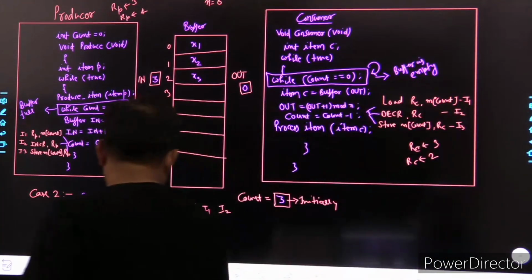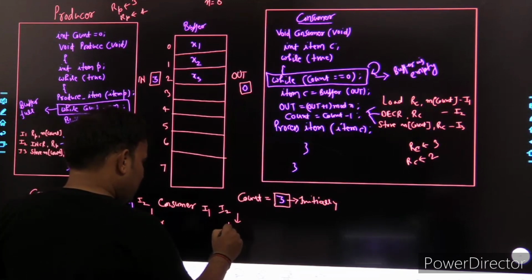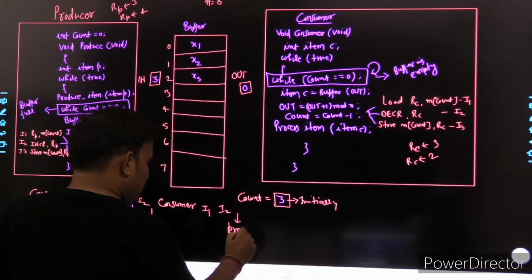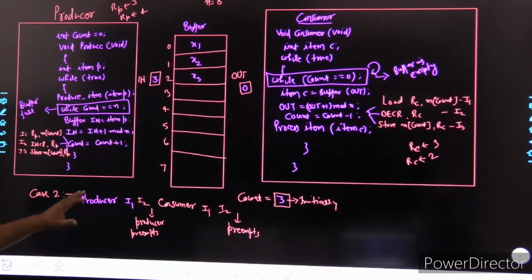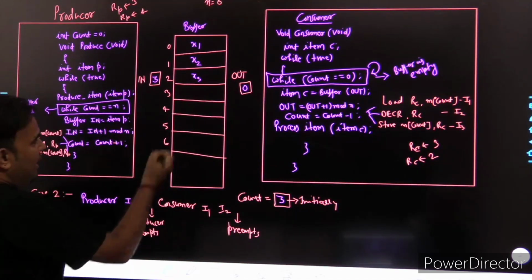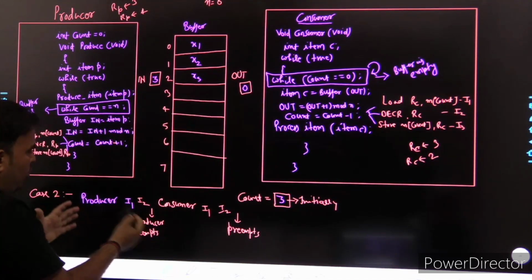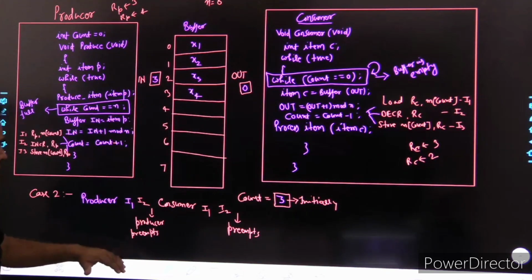Suppose it also pauses here, my dear friends, and suppose the producer wants to produce an item 4. So it will put it here, and it pauses before updation.